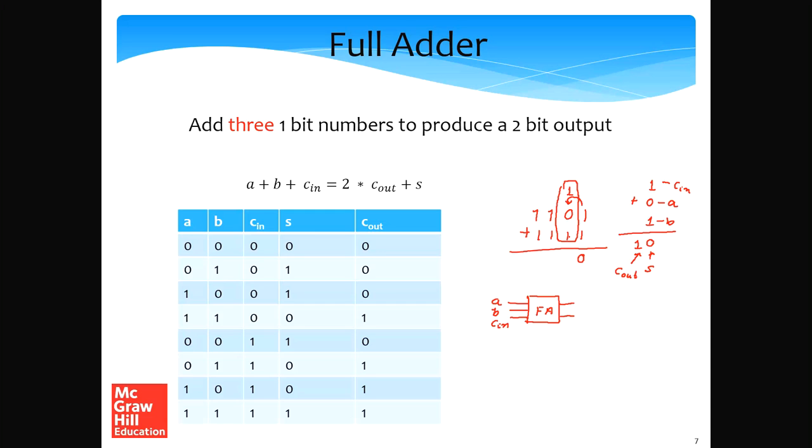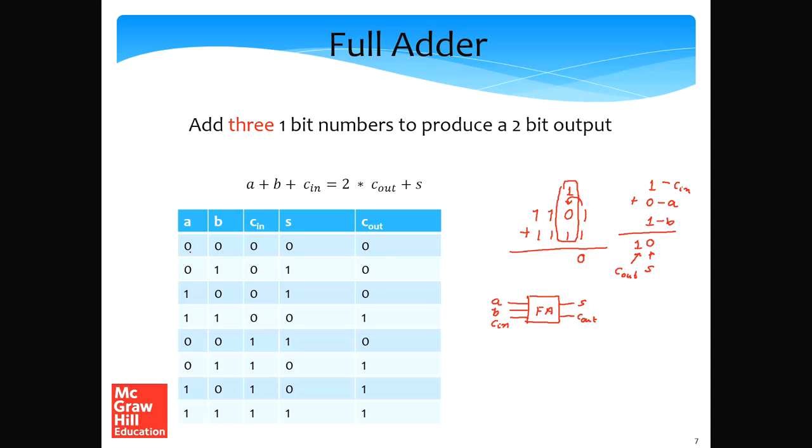If you're adding two multi-bit binary numbers, A will be, let's say, the ith bit of one number, B will be the ith bit of the second number, and carry in will be the carry coming in from the right, and the outputs will be the sum and the carry out. The number will be equal to 2 times carry out plus S, a simple binary expansion, and this is what the truth table will look like.